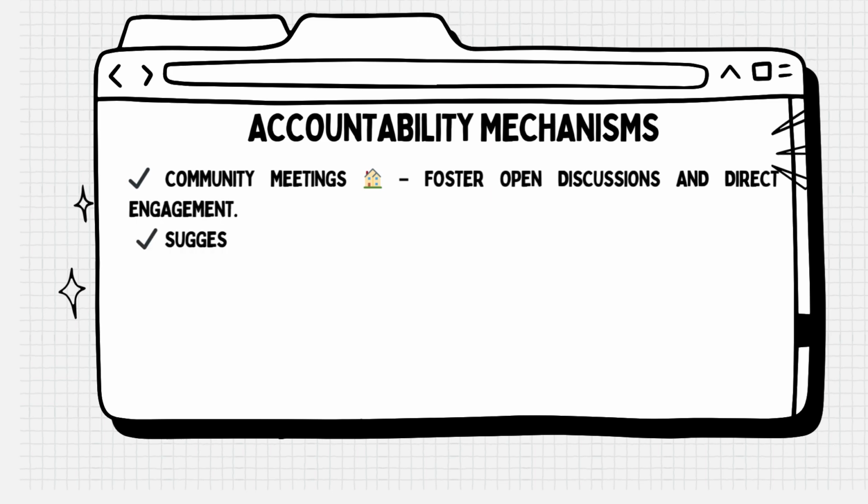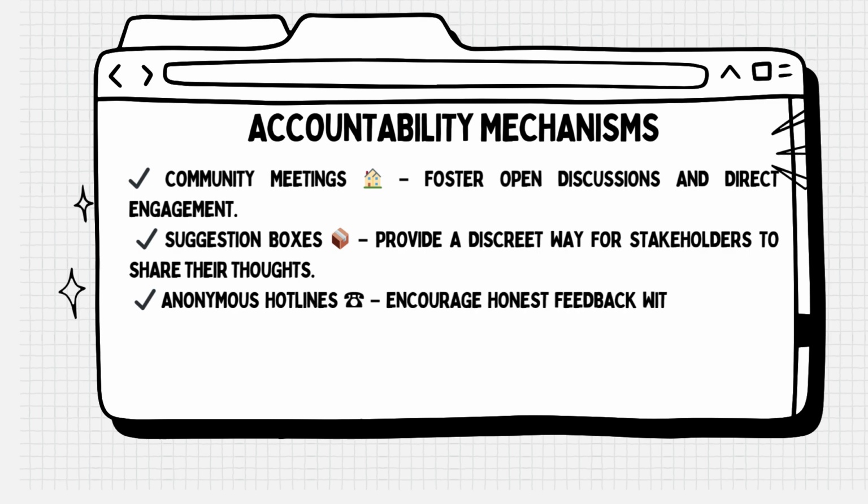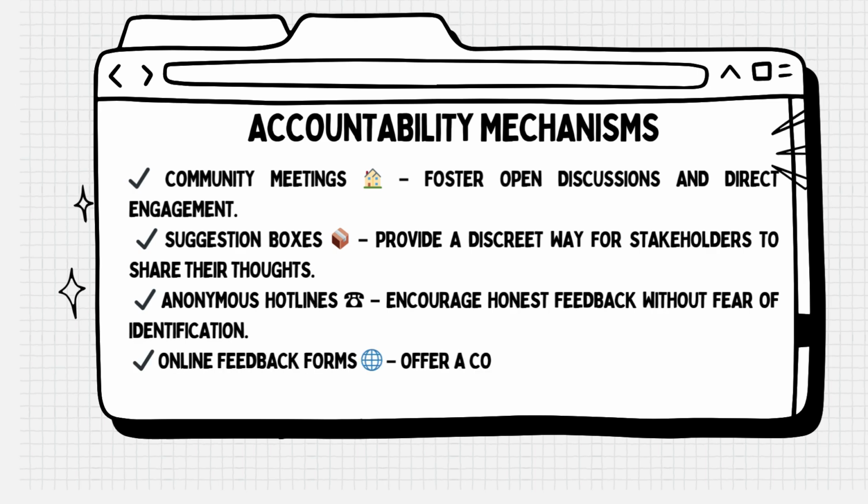Community meetings to foster open discussions and direct engagement. Suggestion boxes to provide a discreet way for stakeholders to share their thoughts. Anonymous hotlines that encourage honest feedback without fear of identification. Online feedback forms offering a convenient, digital option for wider reach. Using a mix of these methods strengthens transparency and responsiveness in your programs.